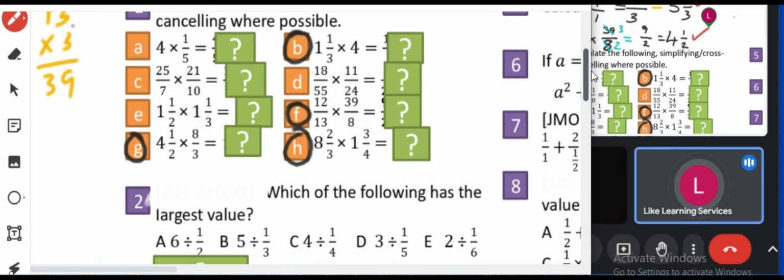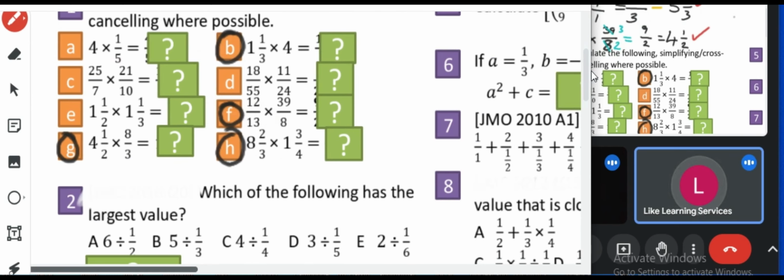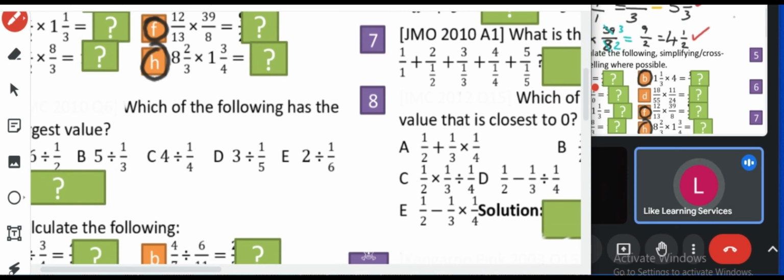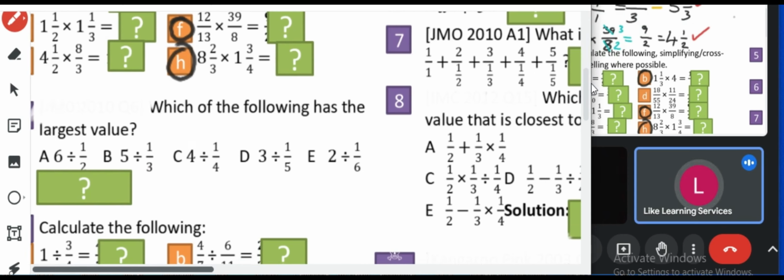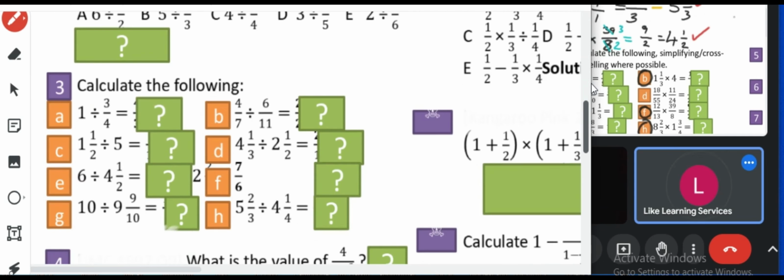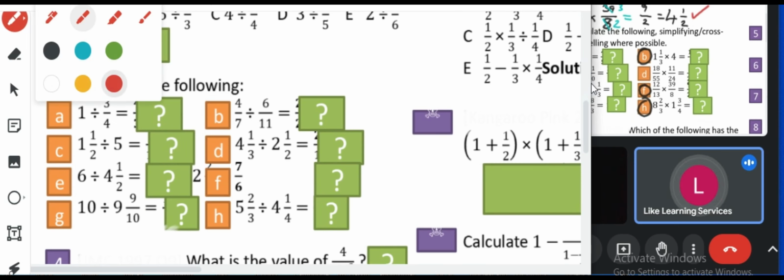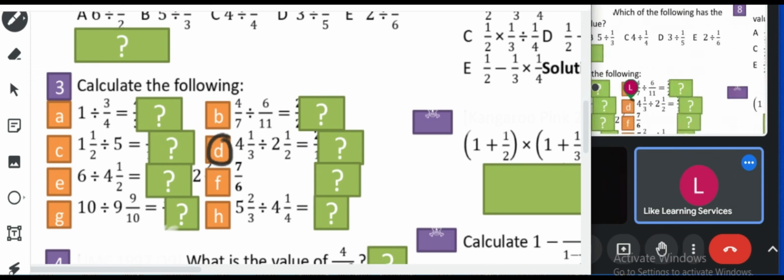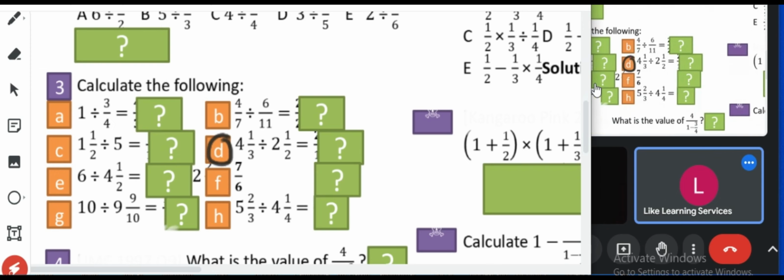Alright, let me see if I can pick a division here before we look at other ones. Let's go down to this D for dog here. 4 whole number 1 over 3 divided by 2 whole number 1 over 2.